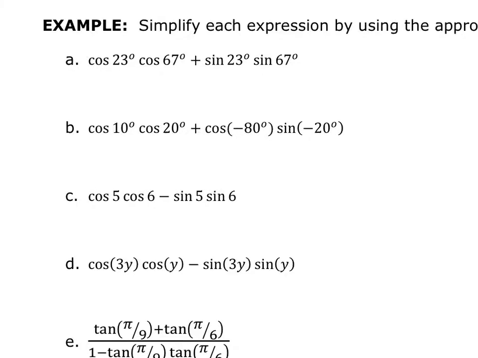So you're looking for pattern recognition. What do you see? Do you see cos, cos, sine, sine? So it's probably going to be the sum of cosine. So if I see cos, cos, sine, sine, it's either the sum or difference of cosine. And then I look to see if the angles match. So this is pattern recognition.